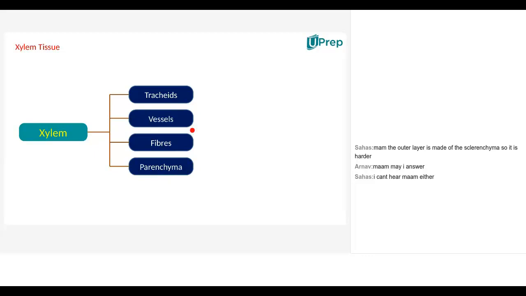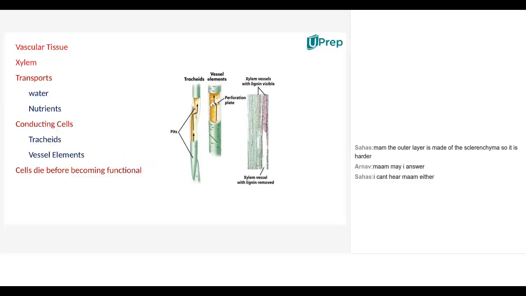So we have 4 kinds of cells making up xylem tissue. That's why xylem is a complex tissue. Clear with that? If you are clear, we will discuss in detail these 4 categories.